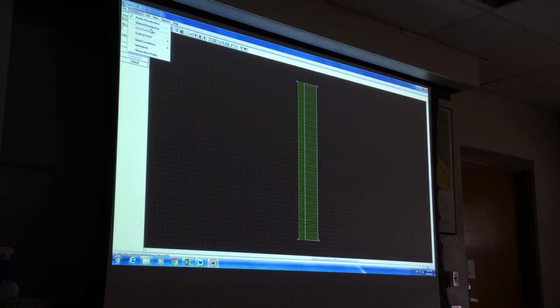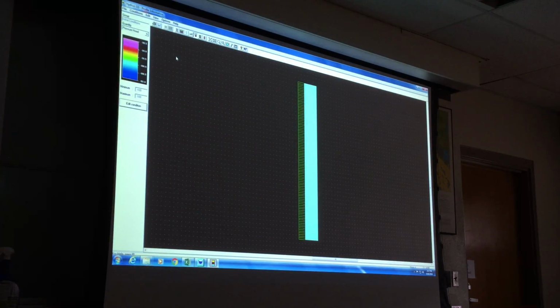Then we have initial conditions that we specify, like we initially indicated, in terms of pressure heads. And again, we don't need to change anything, so we have a uniform minus 100 centimeter initial pressure head throughout the profile. Those are our initial conditions.